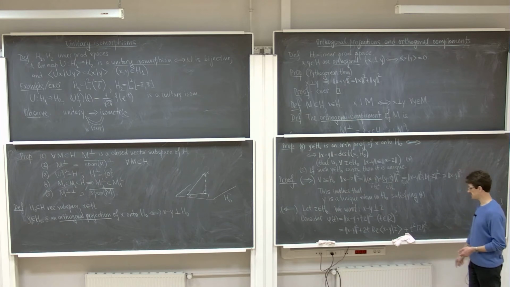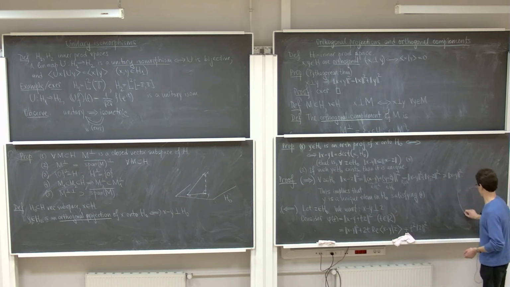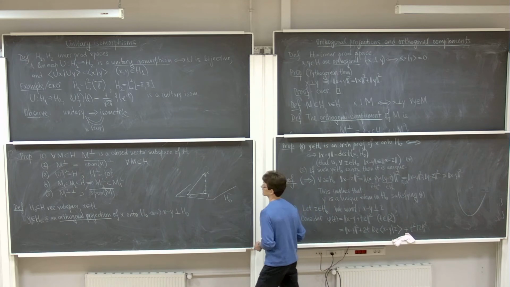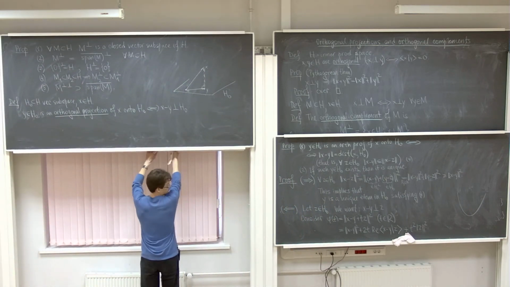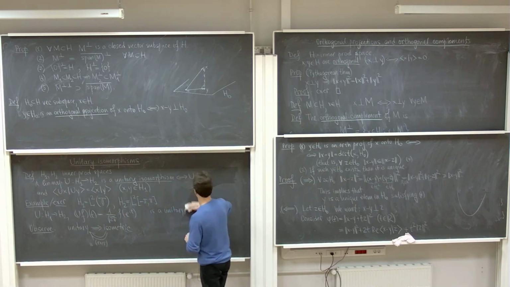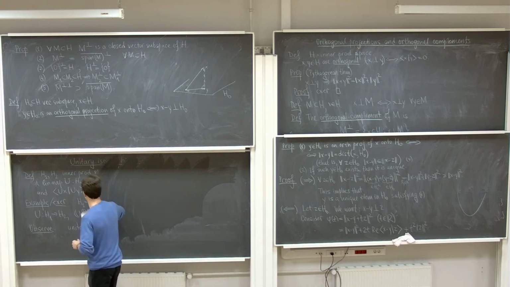So we see that this is a quadratic function of the variable t. Its graph looks something like that. And by assumption, what do we know about this function? We know that y is the nearest point. This means that this function attains its minimum at 0.